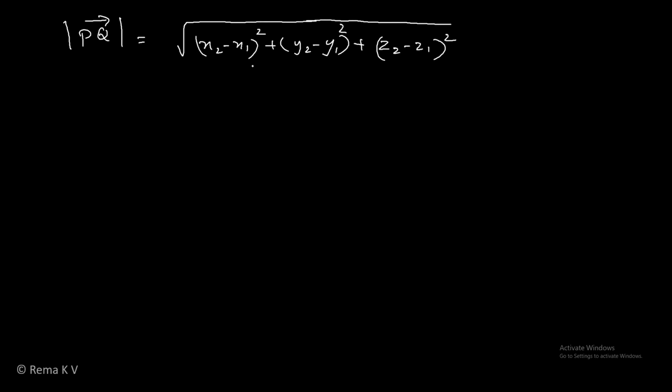This is the distance formula you had learnt in 11th standard. Distance between 2 points P and Q is the modulus of vector PQ, which is root of (x2 minus x1) the whole square plus (y2 minus y1) the whole square plus (z2 minus z1) the whole square.